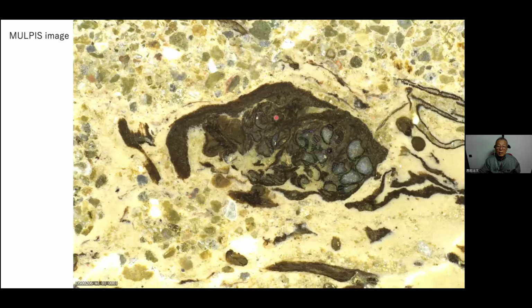And this is the image of the close-up of the fertile fern structure. So you can see the stipe here and branching segments and each sporangium preserved.